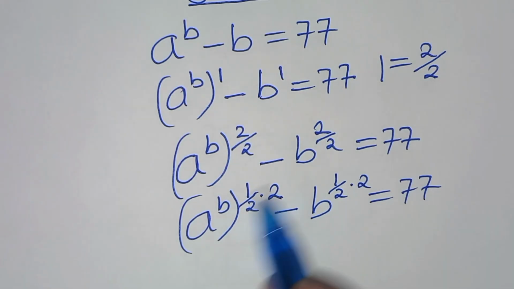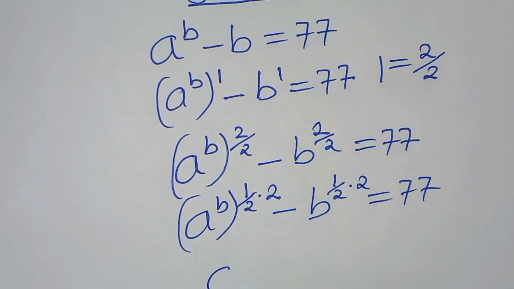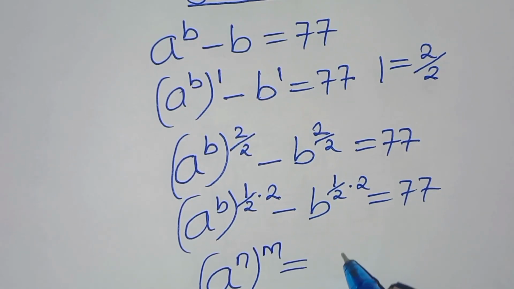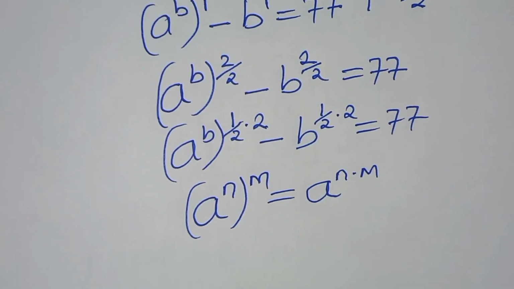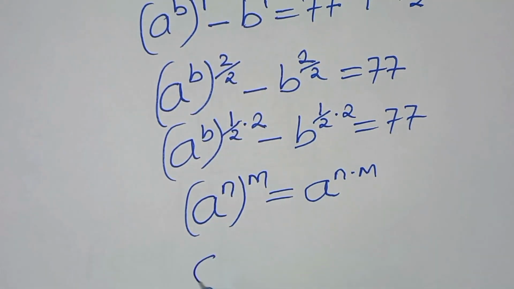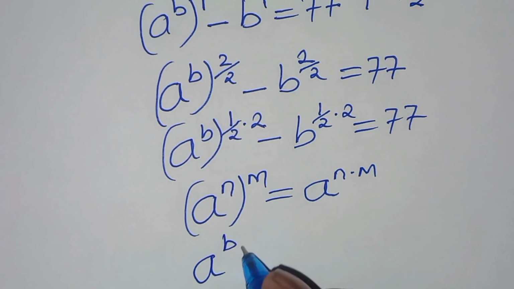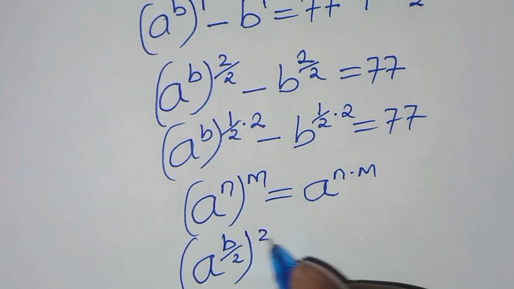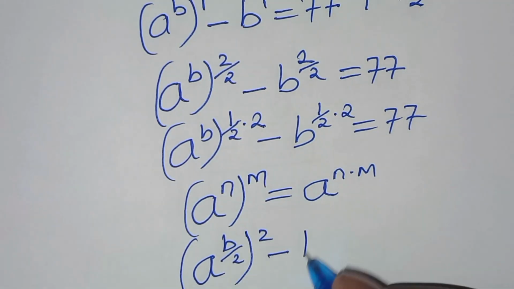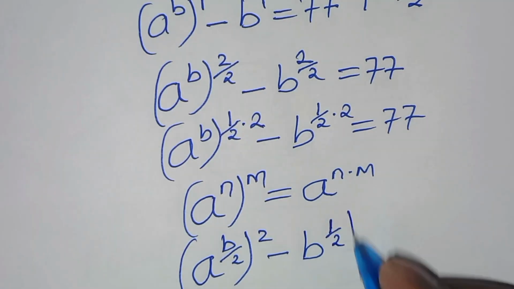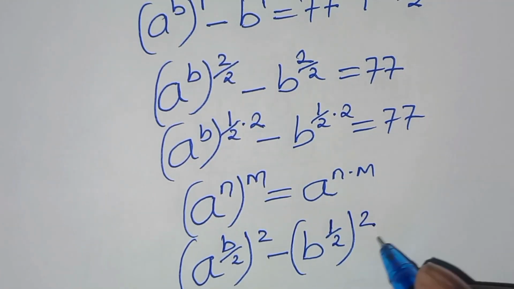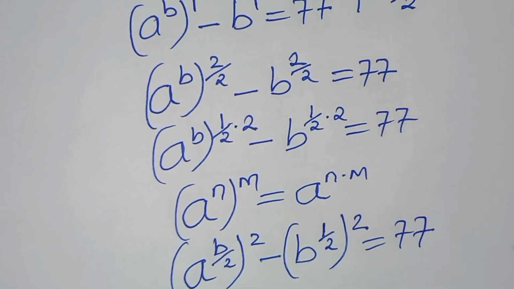Now given that a to power n raised to power m can be expressed as a to power n times m, applying this property, then we have a to power b over 2 squared subtract b to power a half raised to power 2, this is equal to 77.